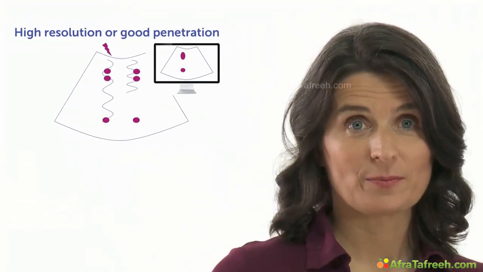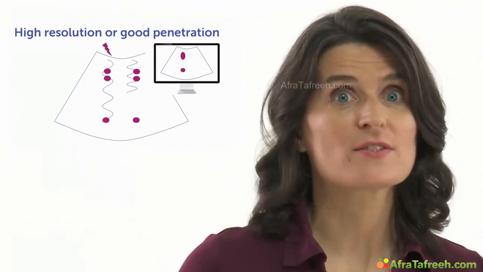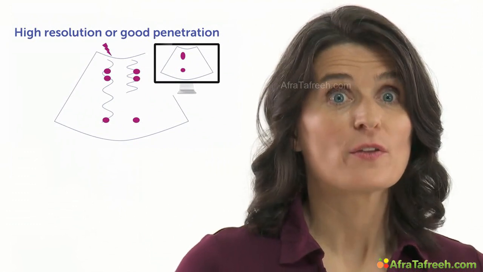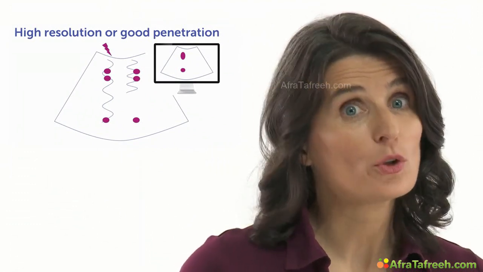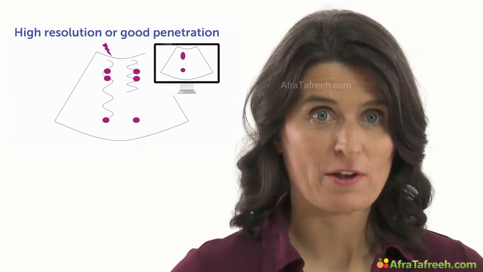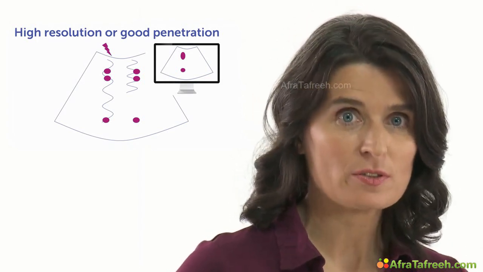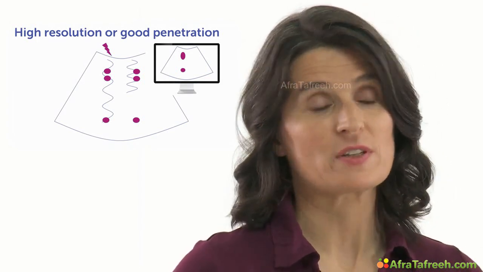On the other side, choosing a high-frequency probe, we will find two defined structures in the near field. The dorsal located structure is not reached by the waves. For this reason, we use a high-frequency transducer for superficial structures, and for deep structures, we use a low-frequency transducer.